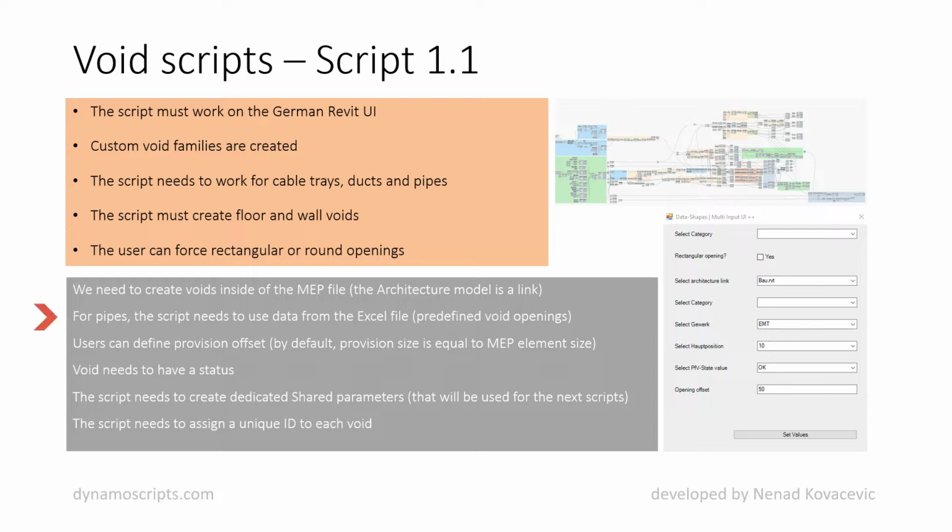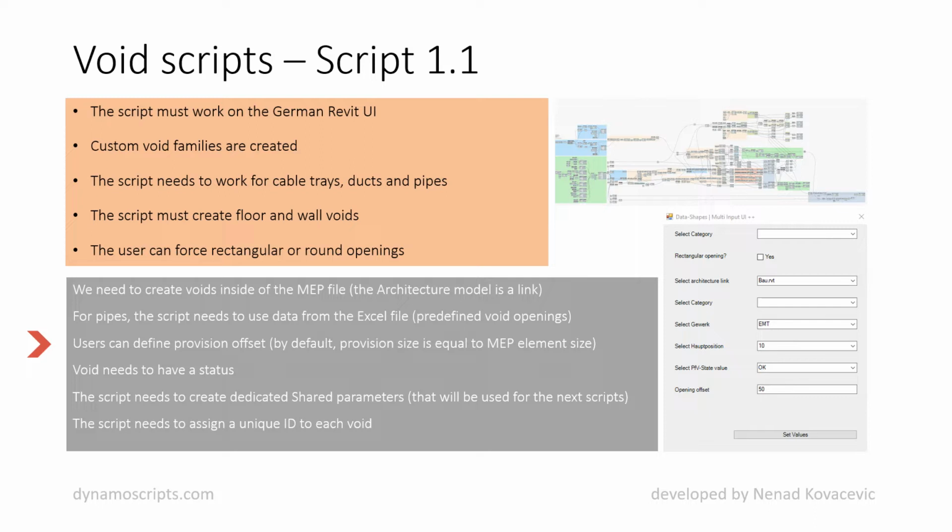Also for pipes, we need to use predefined data. So the customer did create two Excel files, one for rectangular openings, one file for round openings. So when you want to create openings for pipe, the script needs to go into the Excel file to find a match for the pipe size, and in that way it will populate dimension for the provision size. Also over here user can use the offset.